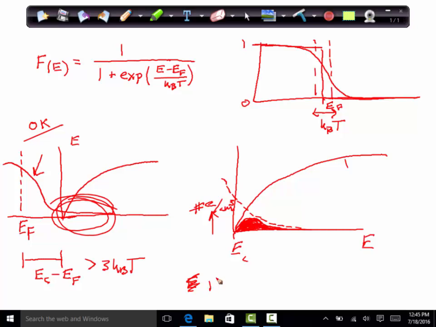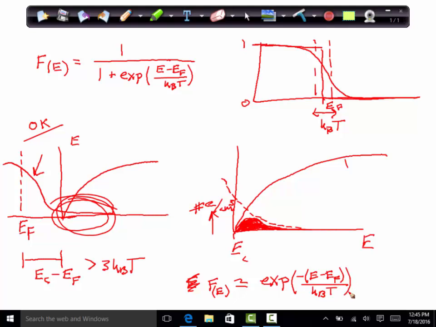We can approximate that F of E is approximately equal to exponential of minus (E minus EF) over kBT.